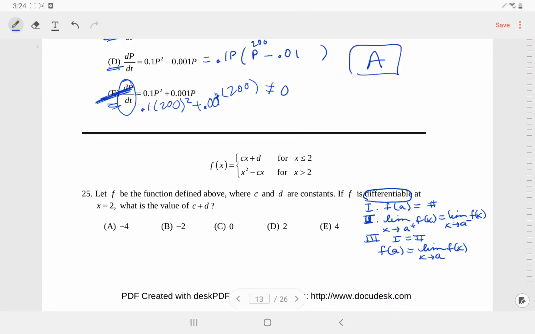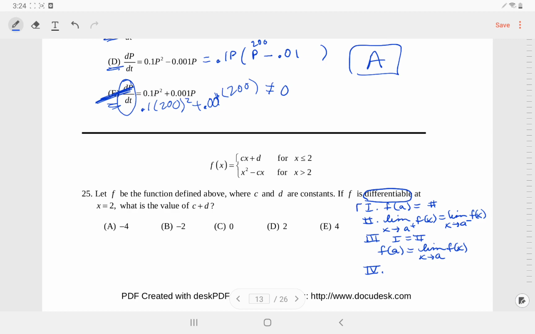Now, why did I do these rules? These are not the differentiable rules. So why did I write them? Because I call differentiable rule 4. Why do I call it rule 4? Because one of my students told me a long, long time ago, I think my first year teaching AP, he said, Miss Nichols, why don't you call it rule 4? Because you're telling us, don't forget to do rules 1 through 3.